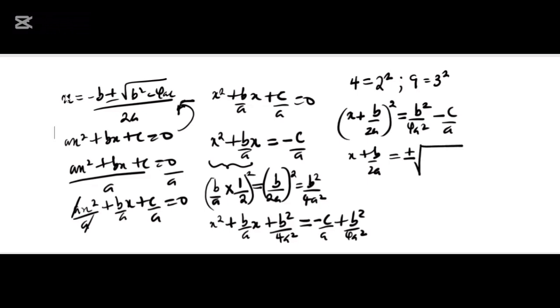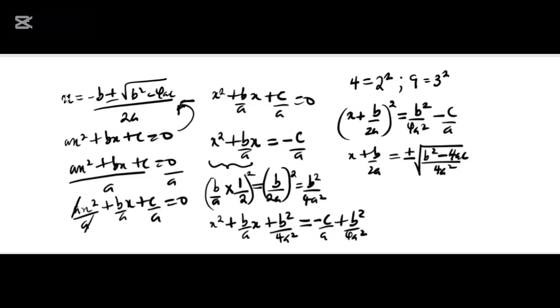So the LCM of 4a squared and a is 4a squared. 4a squared into 4a squared will give you 1. 1 times b squared will give you b squared, minus a into 4a squared is 4a, and 4a times minus c will give you minus 4ac.